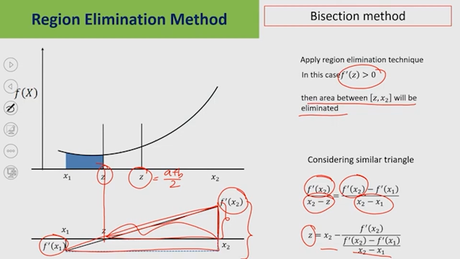So, I can eliminate this region. In this case, apart from the sign of the derivative, we have also considered the magnitude of the derivative and we can eliminate some more region. And this will be certainly more efficient than the earlier method.